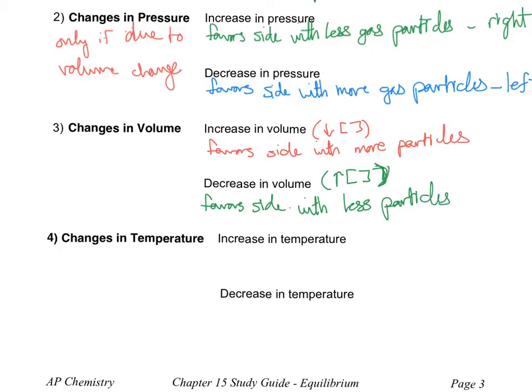And so if we look at our reaction up there, the side with more particles, that would be the left. The side with less gas particles, that would be the right.